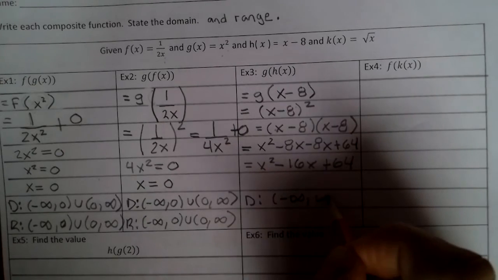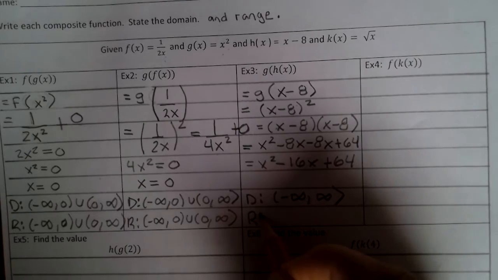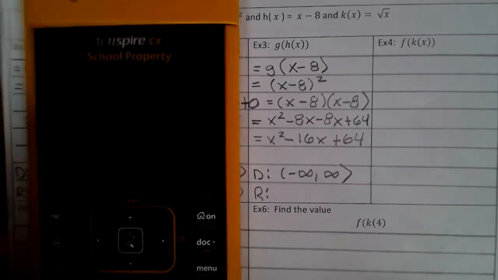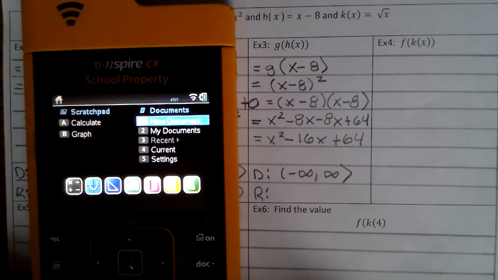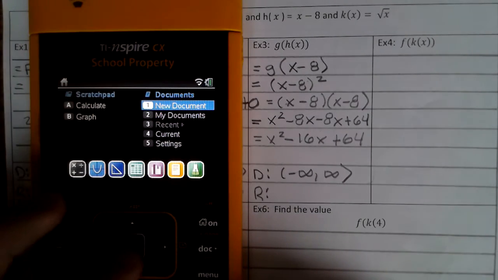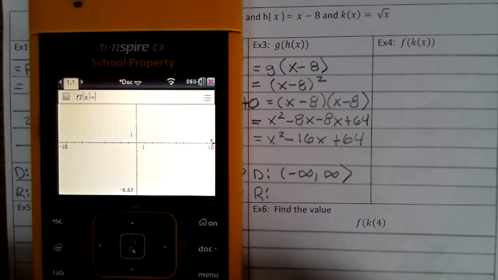And then for range, let's go ahead and graph it and take a look at the range. So I'm going to go to on, and let me adjust the lighting on this calculator real quick. It's about as good as it's going to get. Okay, so we can go to new document, add graph, and let's graph x minus 8 squared.